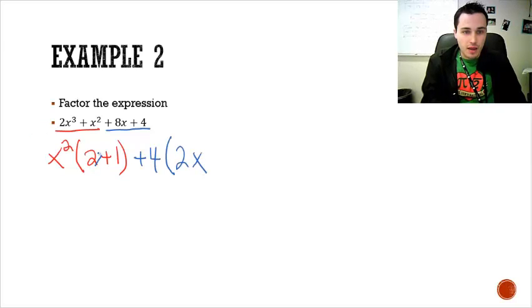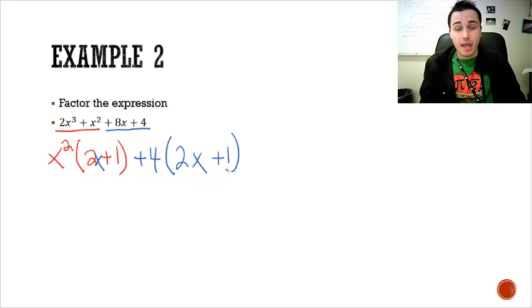Back here I left off the x. And 4 divided by 4 is just 1. I kind of caught that mistake myself because I realized that both of these parentheses should be the same thing. So that's one thing that's great when you're doing factoring by grouping, is you'll notice that.